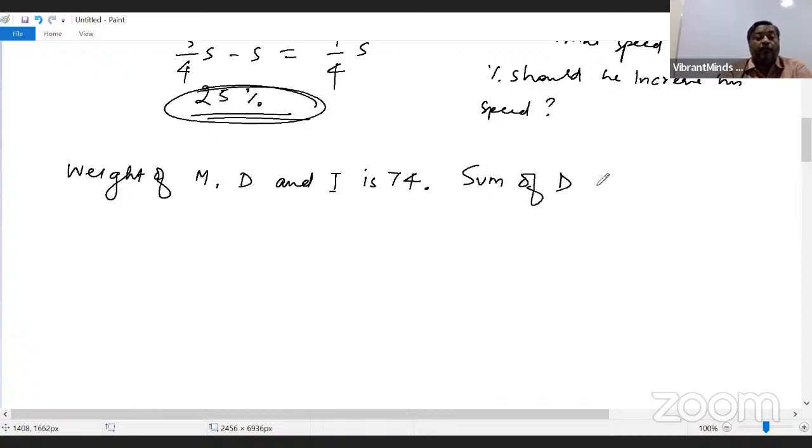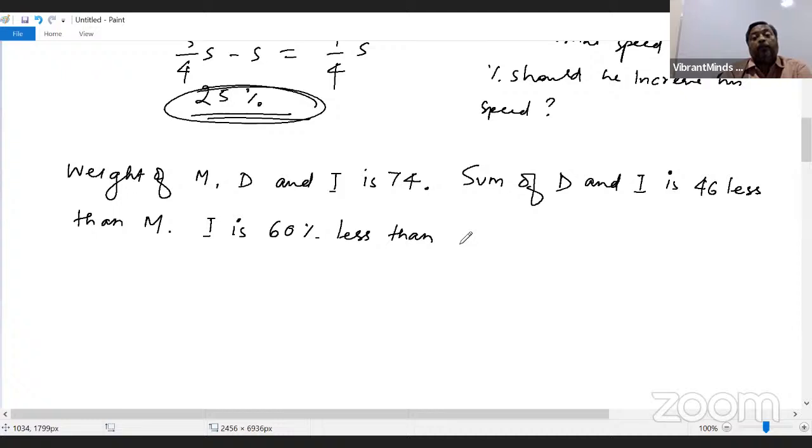The sum of D and I is 46 less than M. I is 60% less than D. What is D's weight?